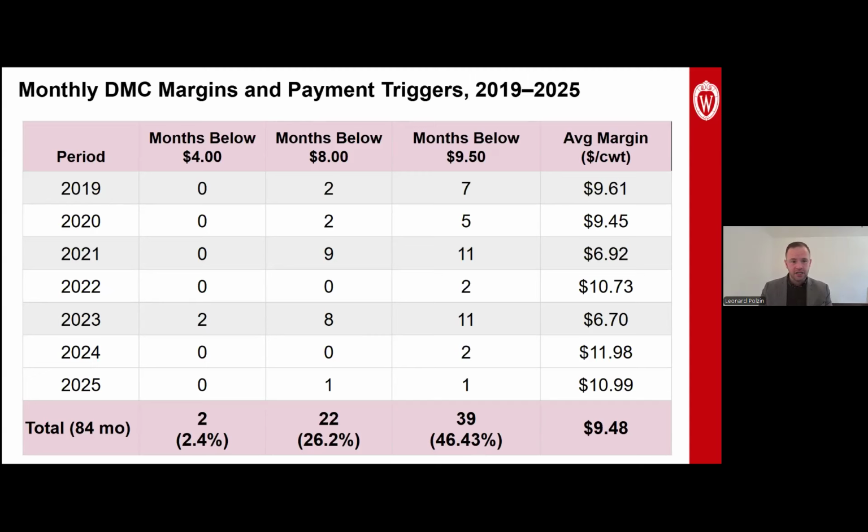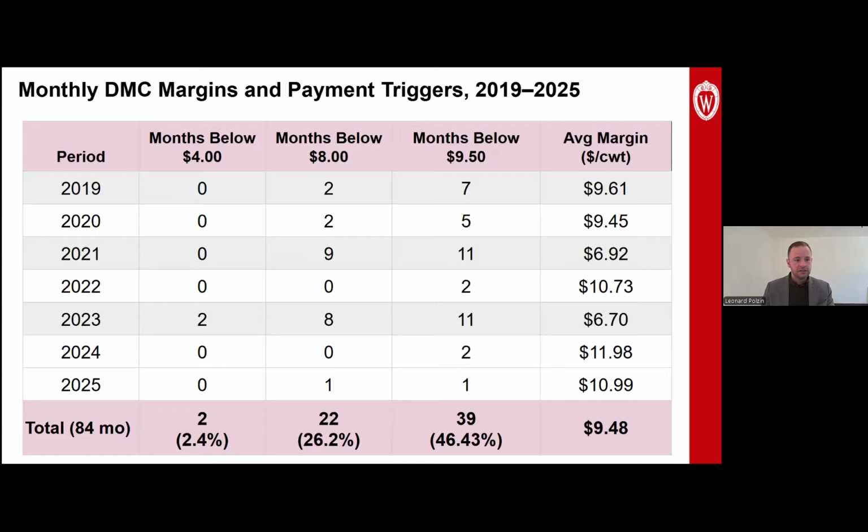Out of this entire time period, that happened 2 times, that those triggered payments at below the $4 level. So I guess that's up to you if you find the value even in just signing up for a very nominal fee and having that level of coverage.